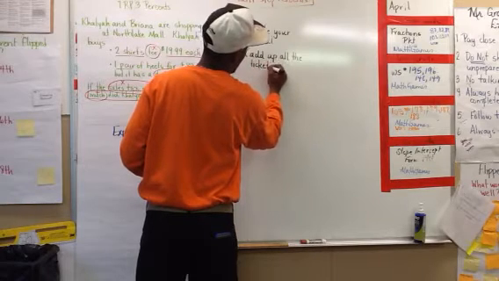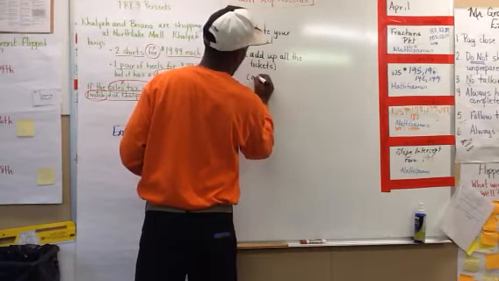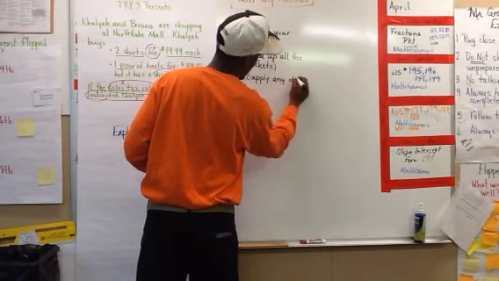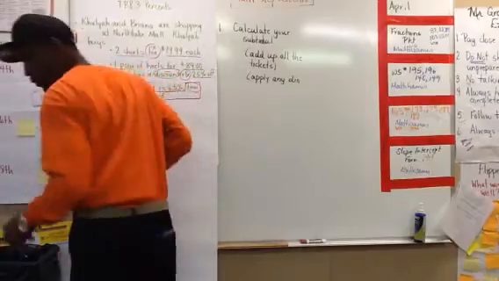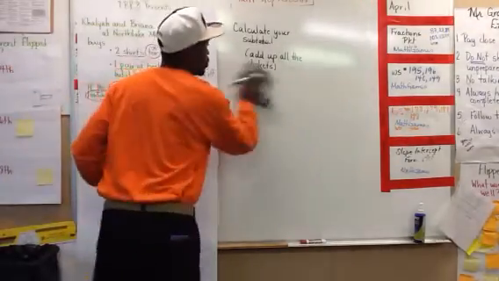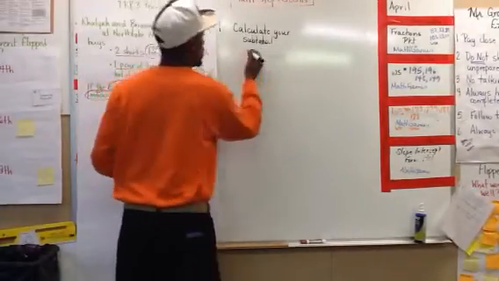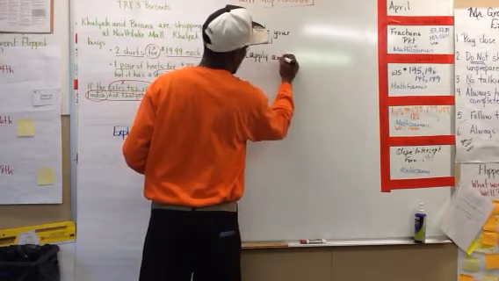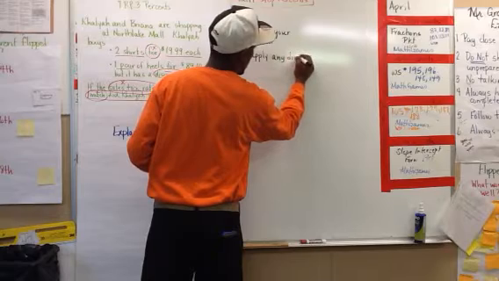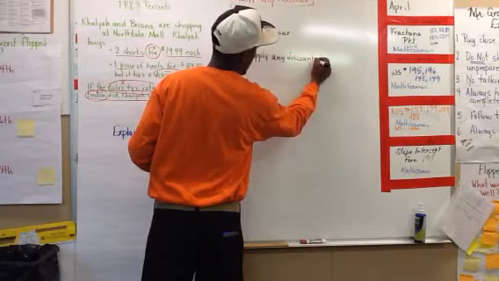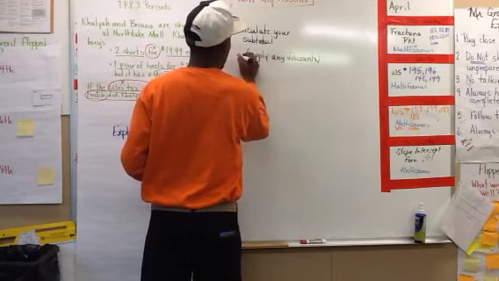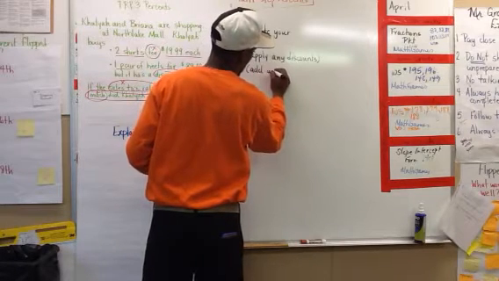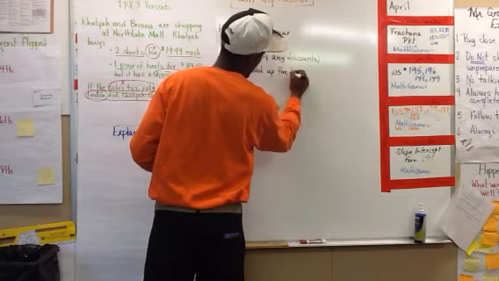This is also where you apply any discounts. Well, actually, I'm going to switch those 2 steps, because you should apply the discounts first. Apply any discounts. And then add up the ticket prices.